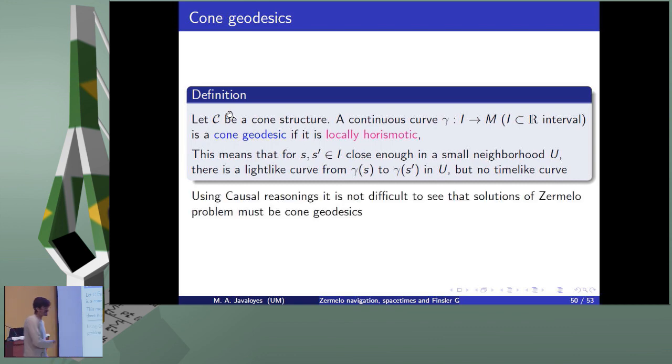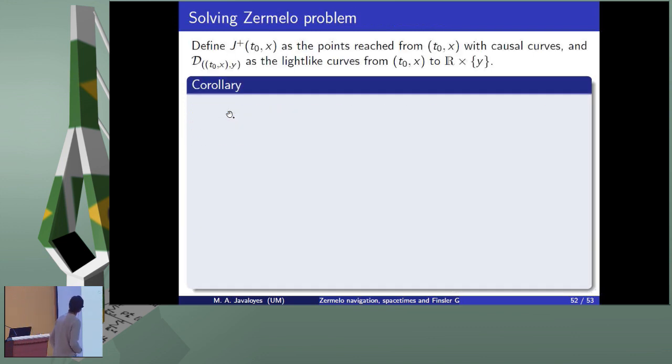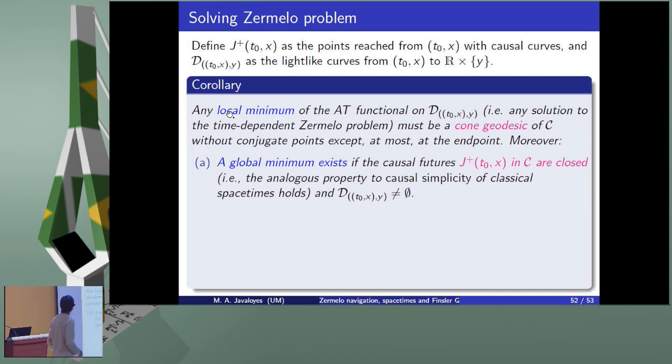And using causality, you can prove that cone geodesics solve the Zermelo problem. And then if you have a Finsler space-time with a given cone structure, you can prove that a cone geodesic for the cone structure is the same as a light-like geodesic for the Finsler metric. So finally, we can solve this problem.